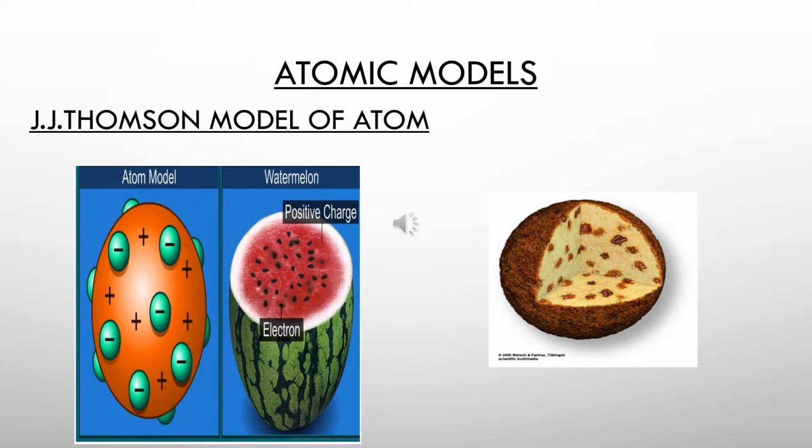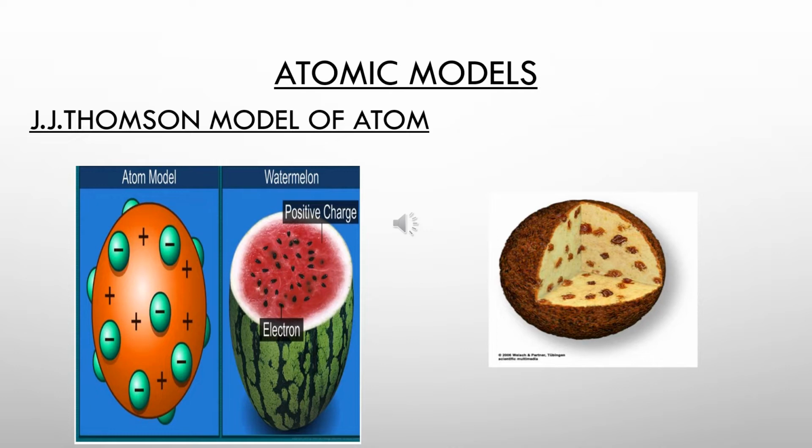The positive and the negative charge are equal in magnitude, and therefore an atom has no charge as a whole and is electrically neutral. Thomson's atomic model resembles a spherical plum pudding or a watermelon, and hence this atomic model is also very well known as Thomson's plum pudding model or watermelon model.